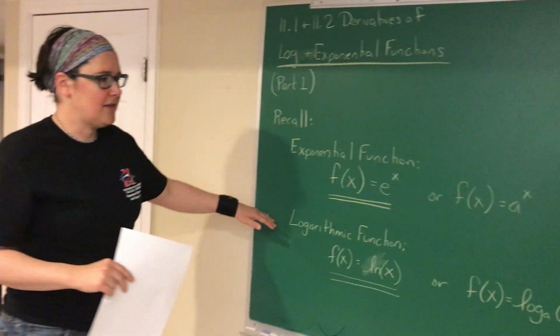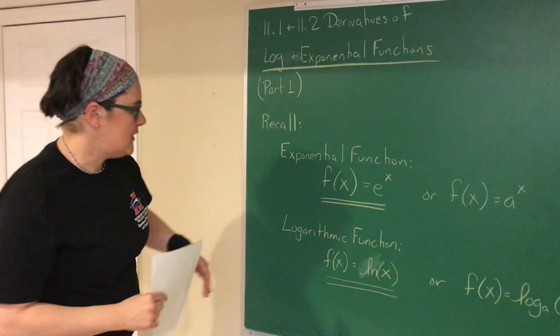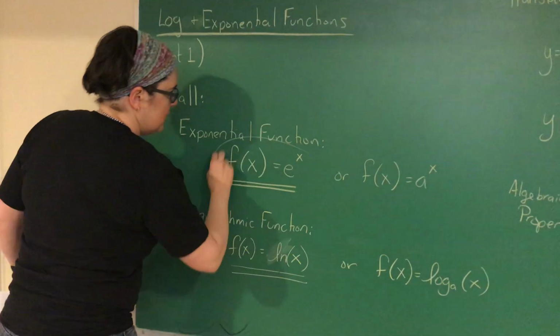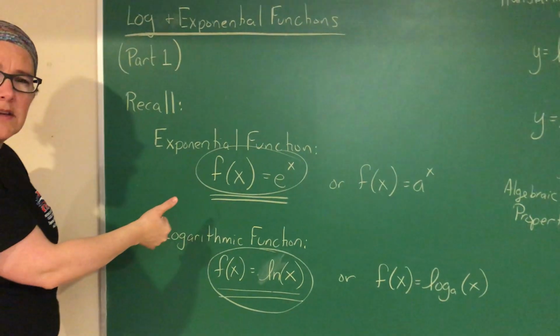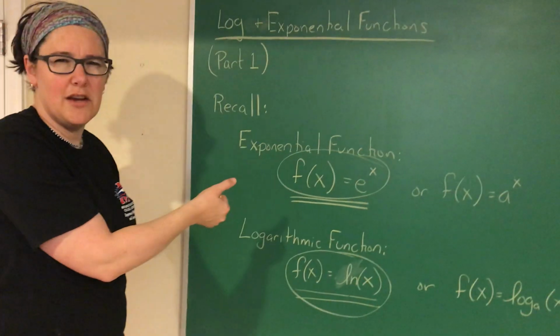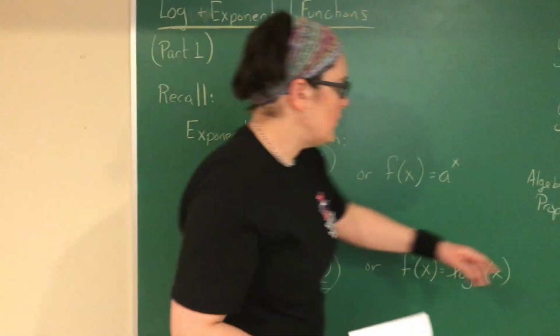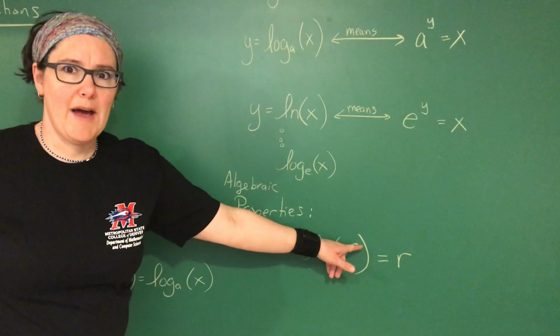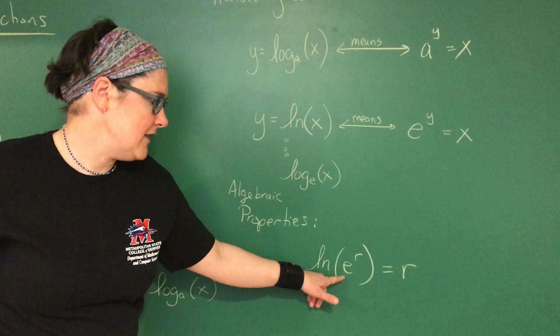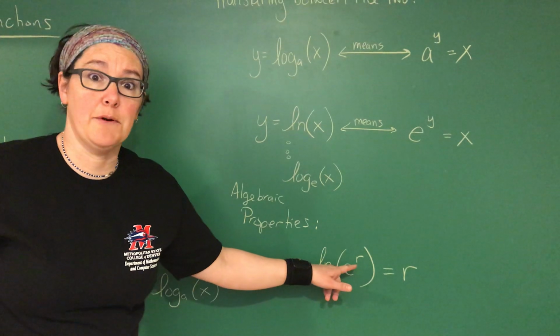So when we talk about exponential and log functions, the thing that is cool about them is if we're talking about e to the x and natural log of x as a pair, they're actually inverses of each other and they undo each other, which is why when you apply a natural log function to e to a power, it erases the e and leaves you with just the power.